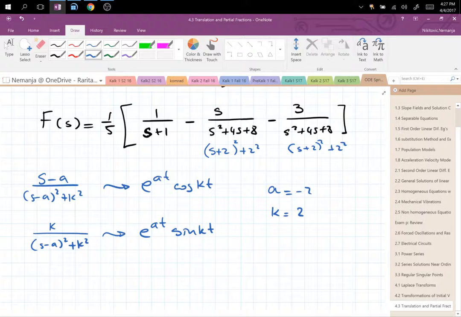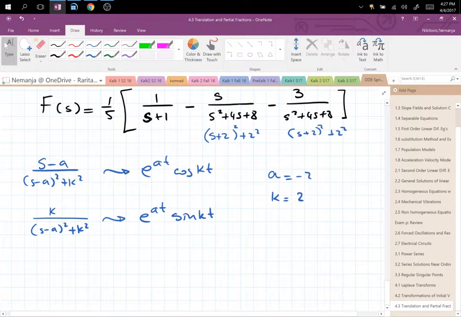Well, in this case, I need s plus 2, so I have to put s plus 2, s minus 2, and then peel off that part. So there is some work to be done here to transform this. I'm looking at the formulas, looking at what I have.